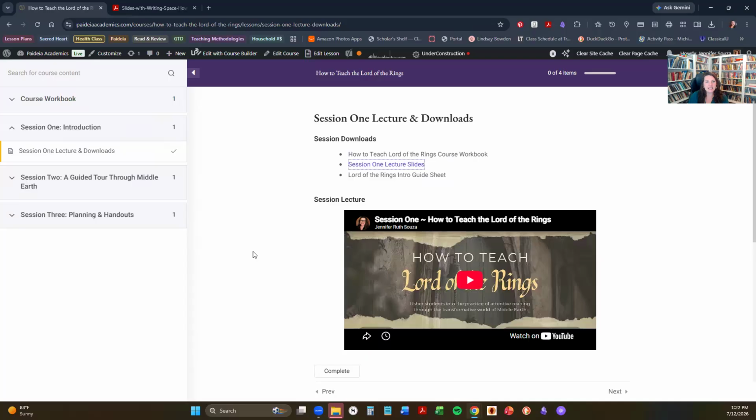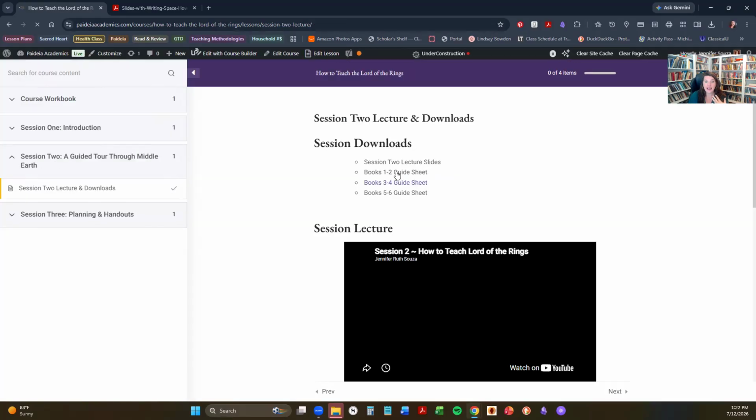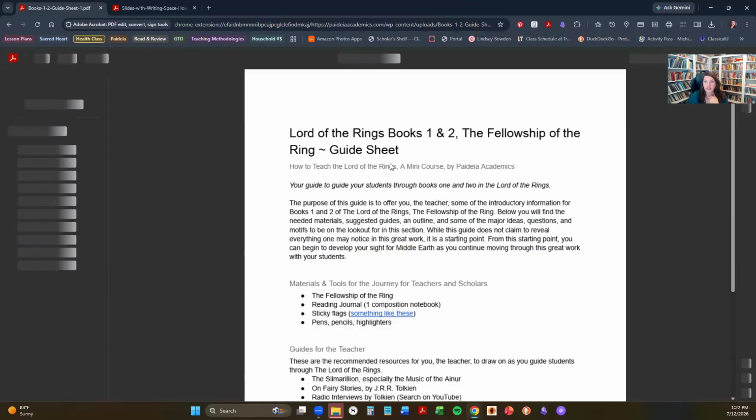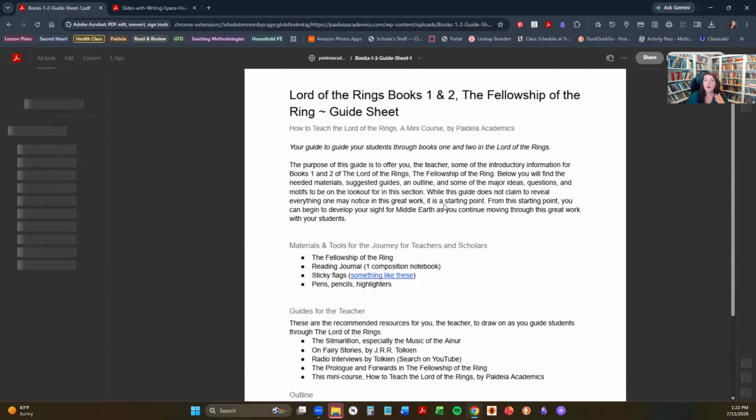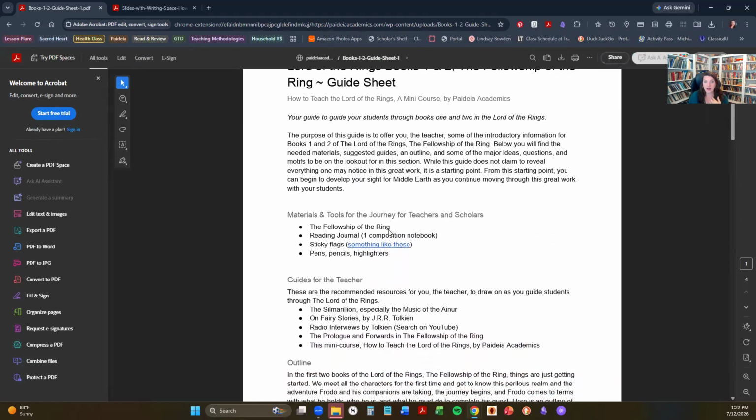And then in session two, I take you on a tour through all six books. In addition to the slides for the lecture, I've included a guide sheet for each book in The Lord of the Rings.